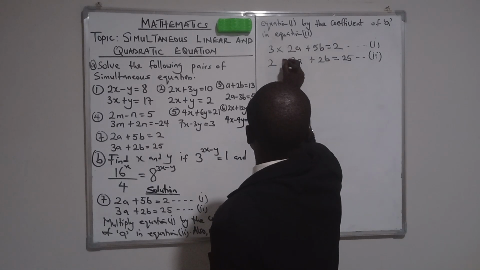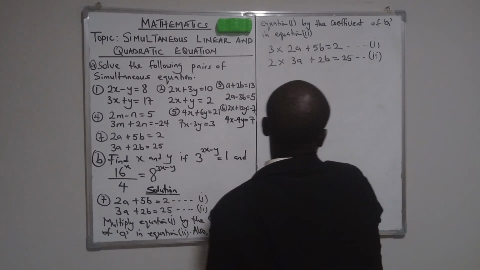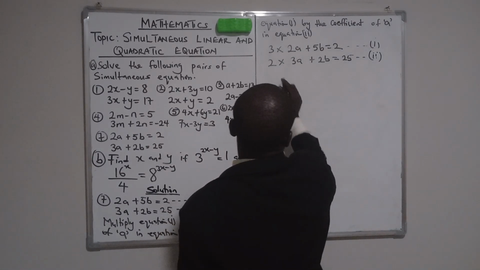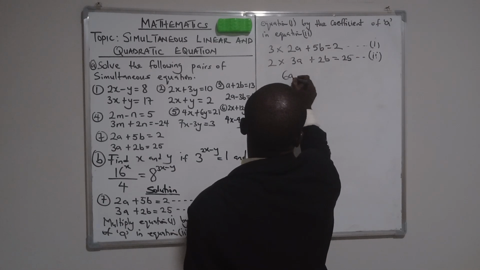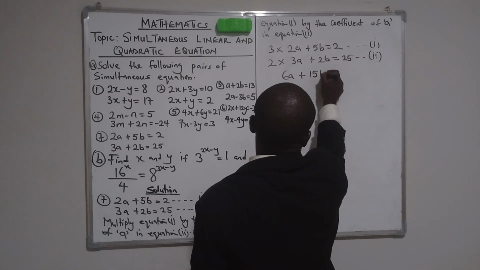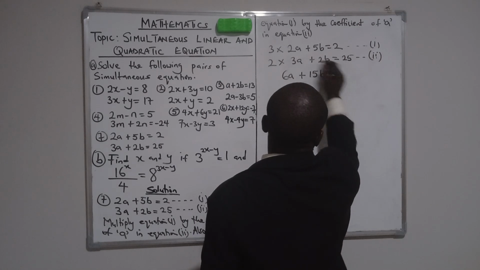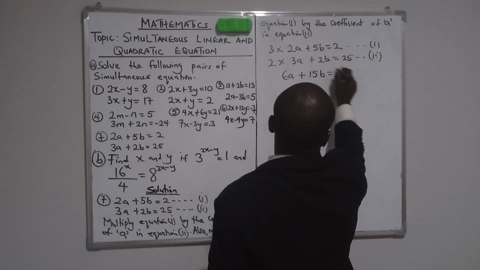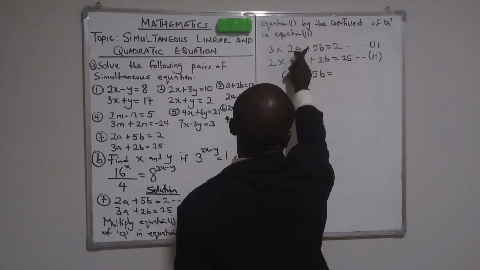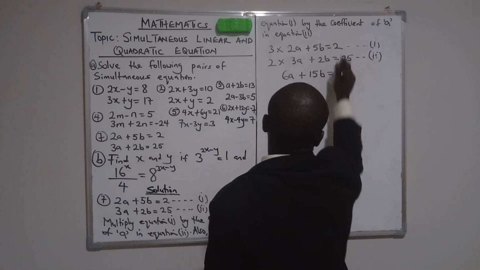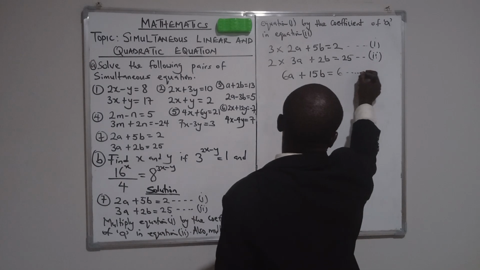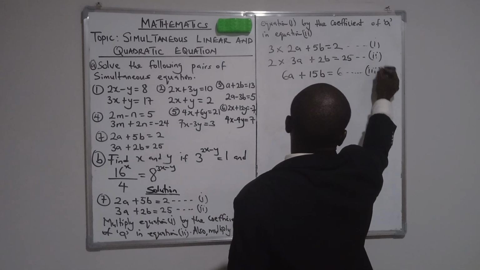Use these two to multiply the coefficient of a. In that case, you now have 6a plus 15b equals to 3 times 2. 3 times 2a, 6a, 3 times 5b, 15b, 3 times 2, that's 6, equation 3.